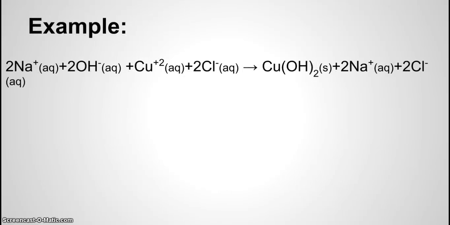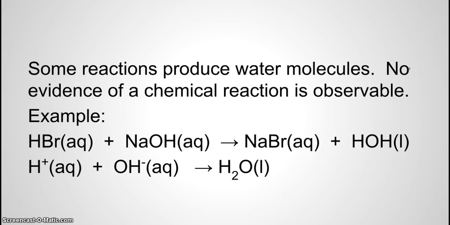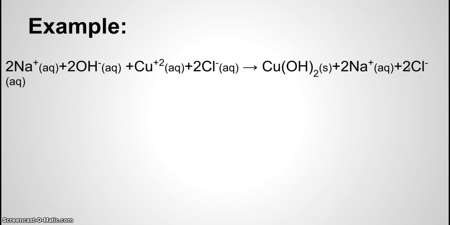Okay, for example, we have sodium hydroxide, copper, and chloride ions all on the reactant side. When the copper and the sodium replaced each other and we made copper hydroxide, that became the precipitate. The sodium and the chloride stayed aqueous. Our aqueous is down here. It goes over here. So what we can see is the sodium and the chloride ions didn't actually participate in the reaction.